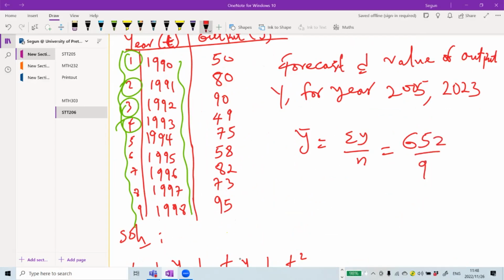What's the answer? 72.44. There's no 5 there. So T bar will be what? Summation T over N. What is summation T?